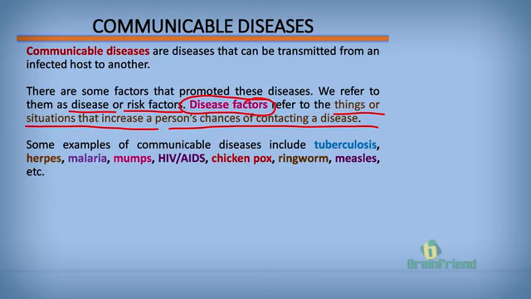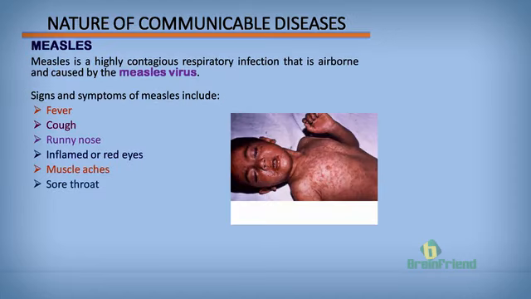Then we looked at some examples of communicable diseases. We have tuberculosis, herpes, malaria, mumps, HIV and AIDS, chickenpox, ringworm, measles, etc. So for this lesson, we'll be looking at 2 serious communicable diseases. They are measles and mumps.